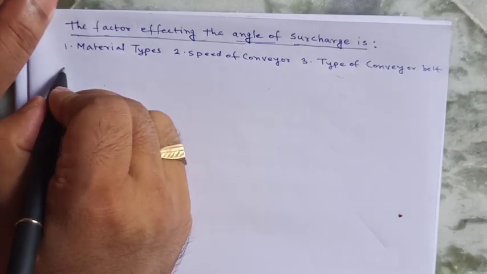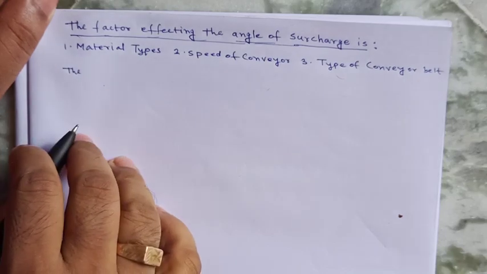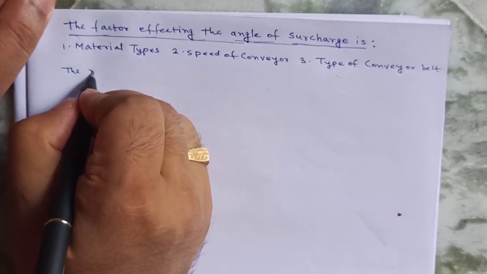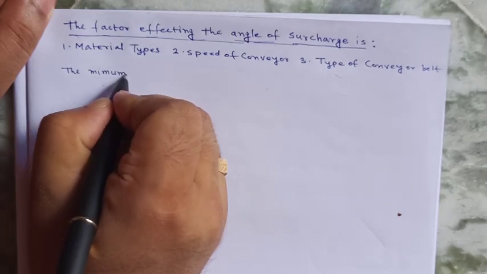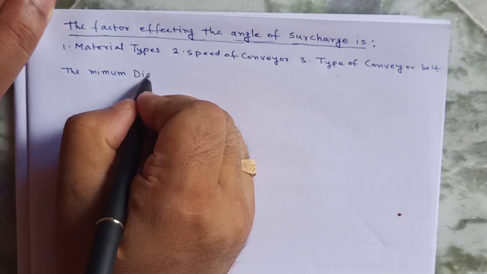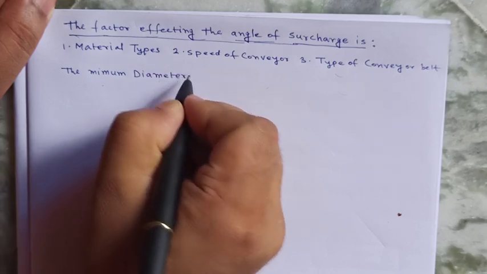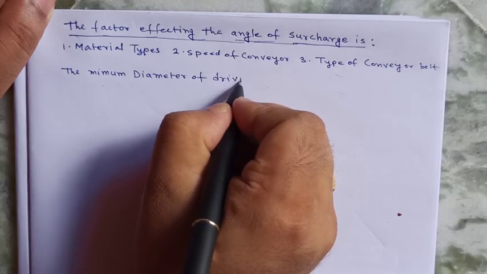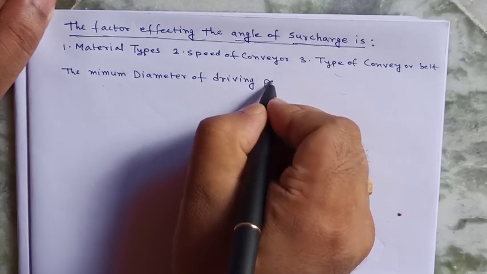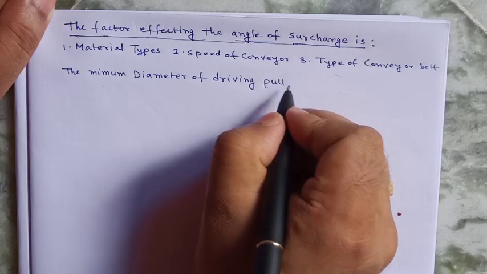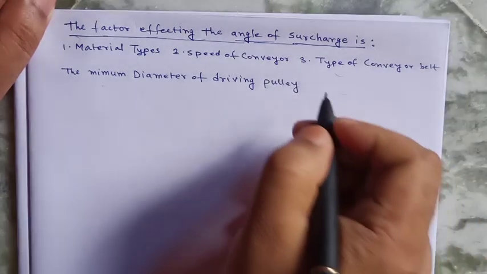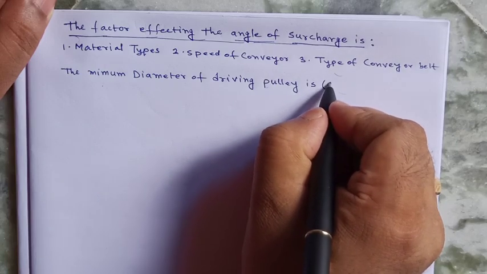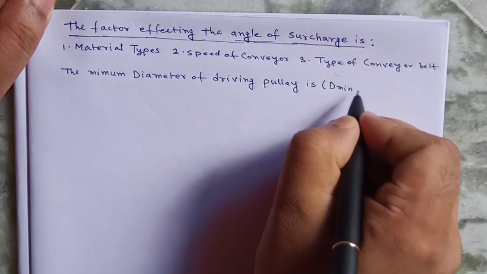Now the minimum diameter of driving pulley is denoted by D minimum.